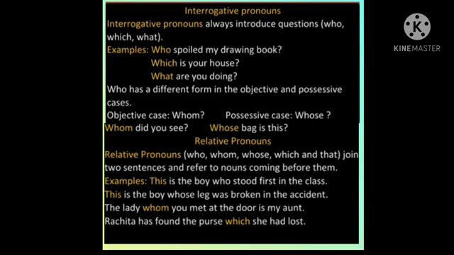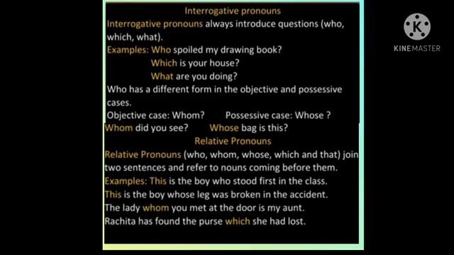And who has a different form in the objective and possessive case. Objective case means it will be asking a question to whom. Imagine there is a sentence, I have seen his mother. Somebody asks me, whom did you see? Then I can give the answer, his mother.